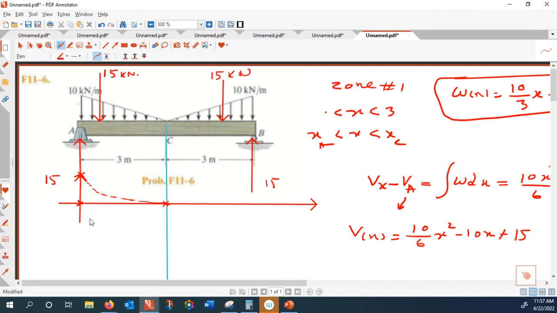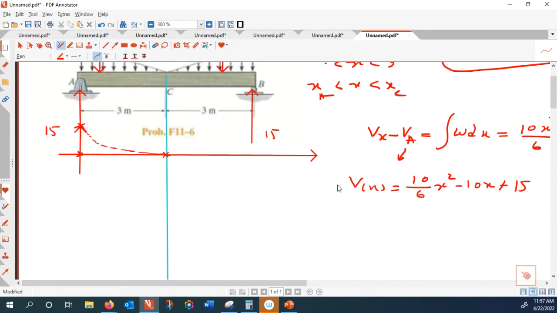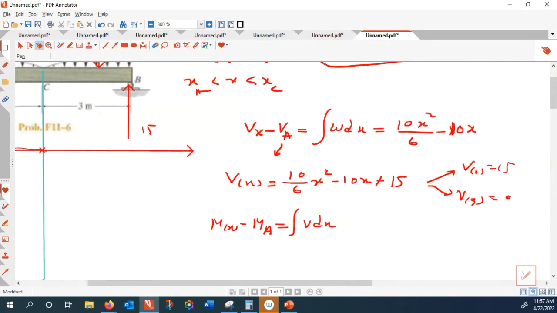And how about m of x? m of x minus m of a is equal to the integral of v dx, which is 10 divided by 6, minus 5x squared plus 15x, correct?